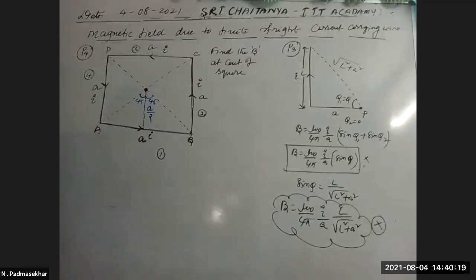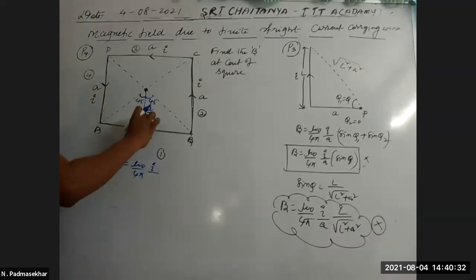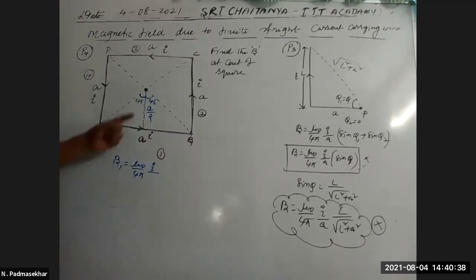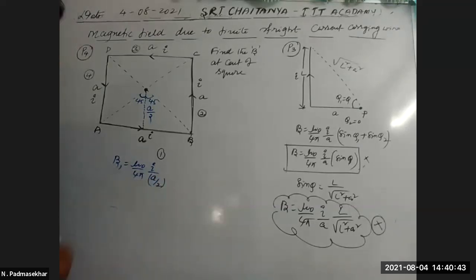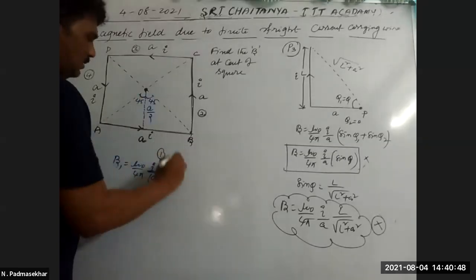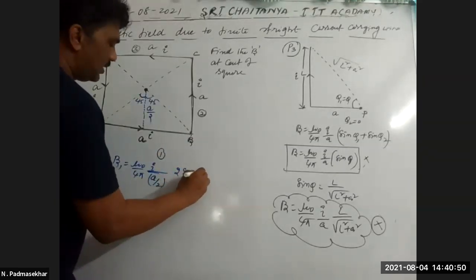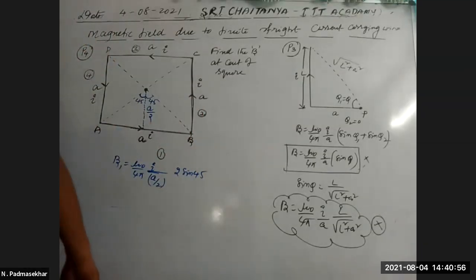Due to this current carrying conductor, B1 is equal to mu naught by 4 pi I by distance. The distance is not A, it is A by 2, from this point to the center. This is sine 45 plus sine 45, which is 2 sine 45.